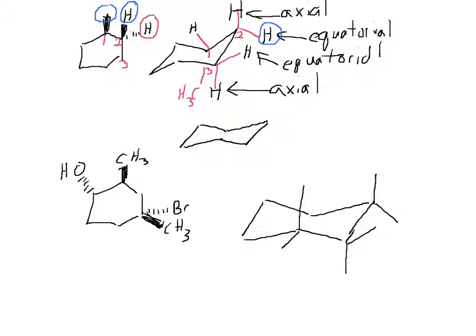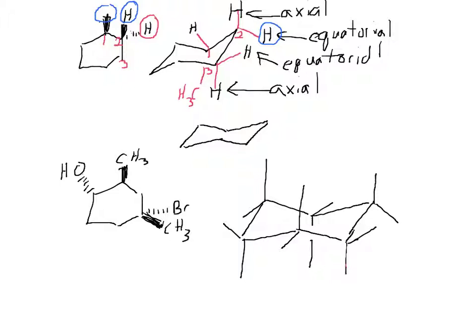You notice every other one, right? On this carbon, the axial is pointing down. On the carbon next to it, on either side, the axial is pointing up. It's on the top of the ring. Down, up, down. Down, up. Okay? Seen that?